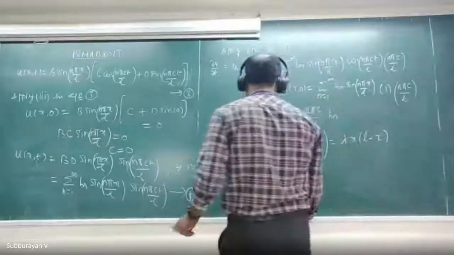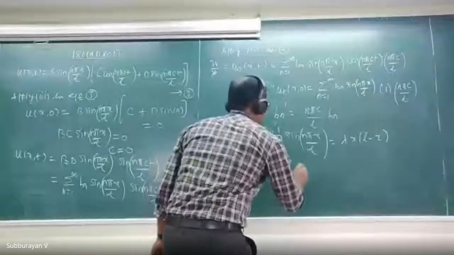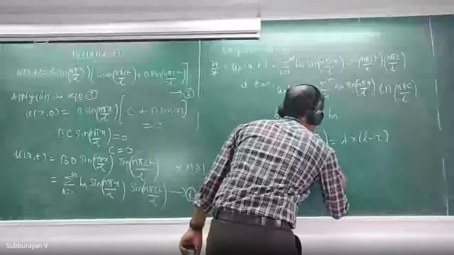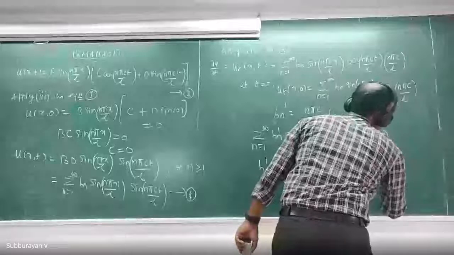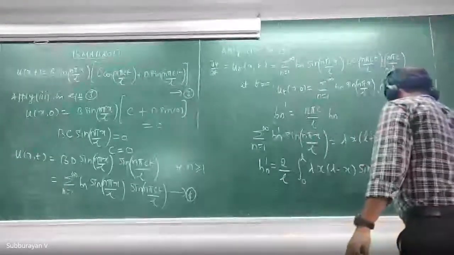Hence my Bn dash is 2 by L into integral 0 to L, lambda x into (L minus x) into sin(n pi x by L) into dx.